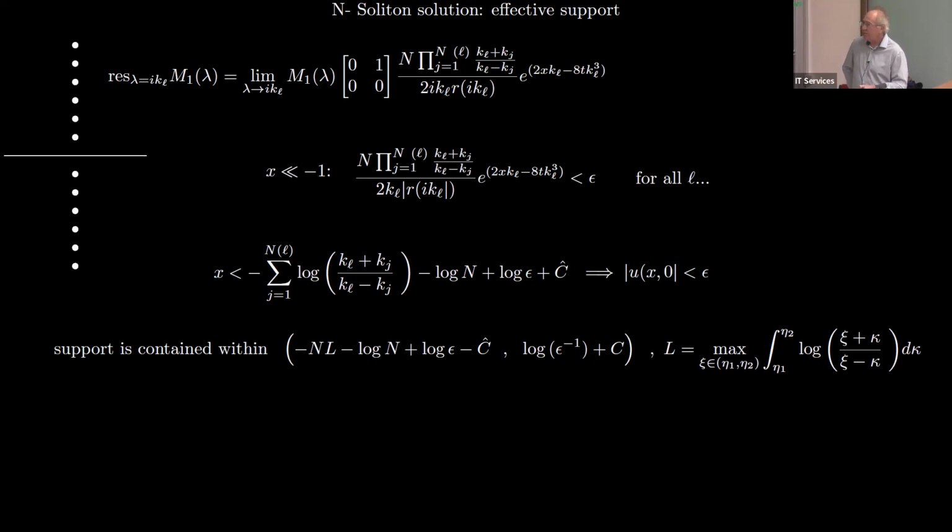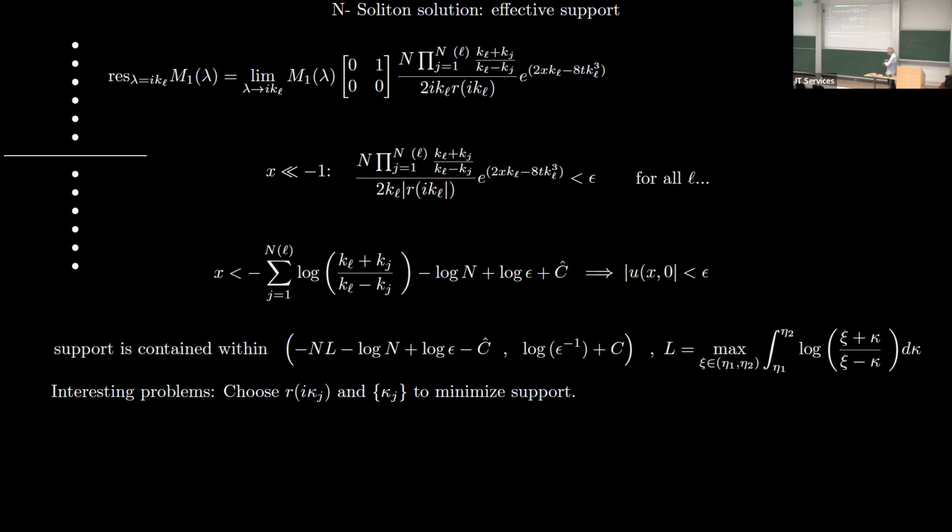And what you wind up learning is the support is contained within a set, the left-hand endpoint of which is negative n times capital L minus log n plus log epsilon, and the right-hand side of this interval is log of 1 over epsilon plus c, and L is the maximum of this integrand, of this integral, okay? So the effective support is an interval of length n, plus a little bit, depending on epsilon, okay?